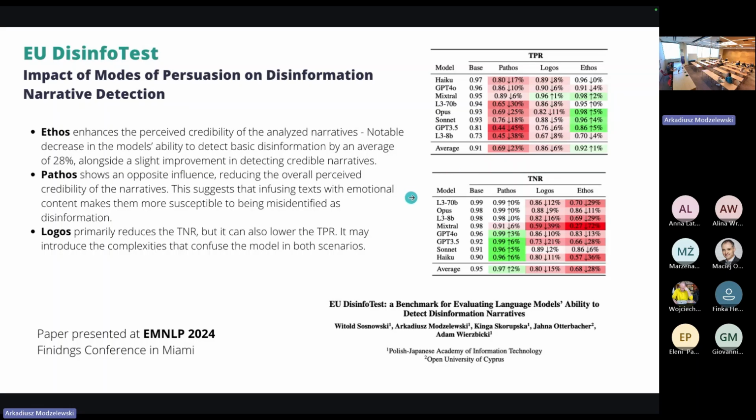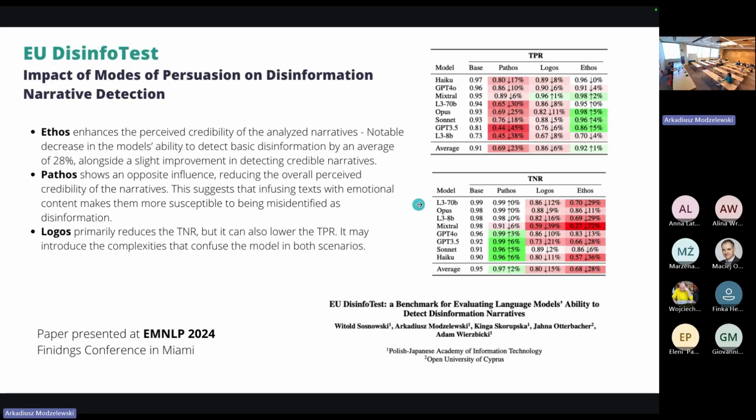Pathos shows something different, opposite direction. So pathos is something that includes appeals to emotion. So when we see emotional content, then it seems that it's easier to detect disinformation narratives.